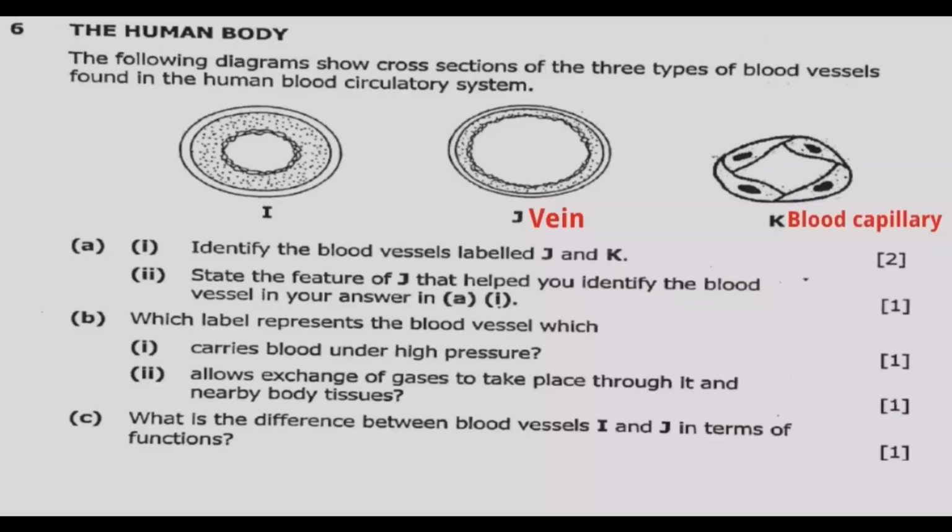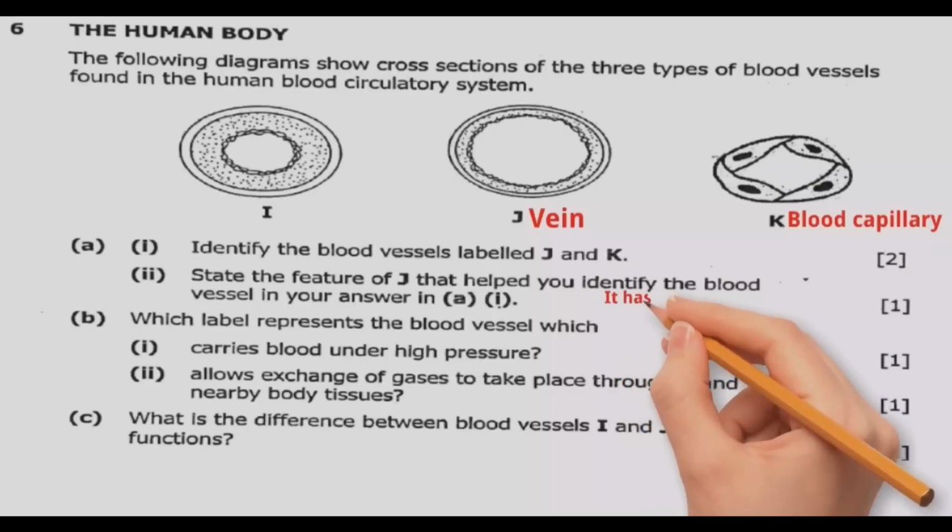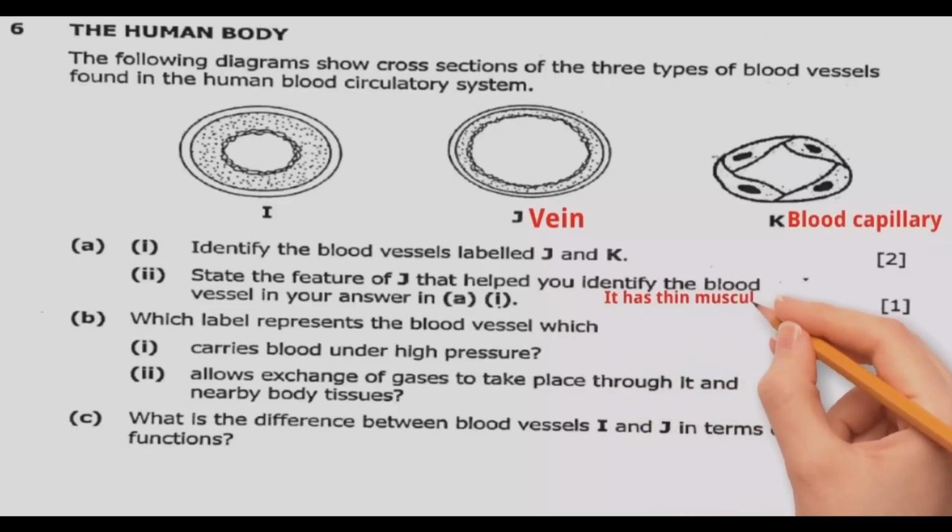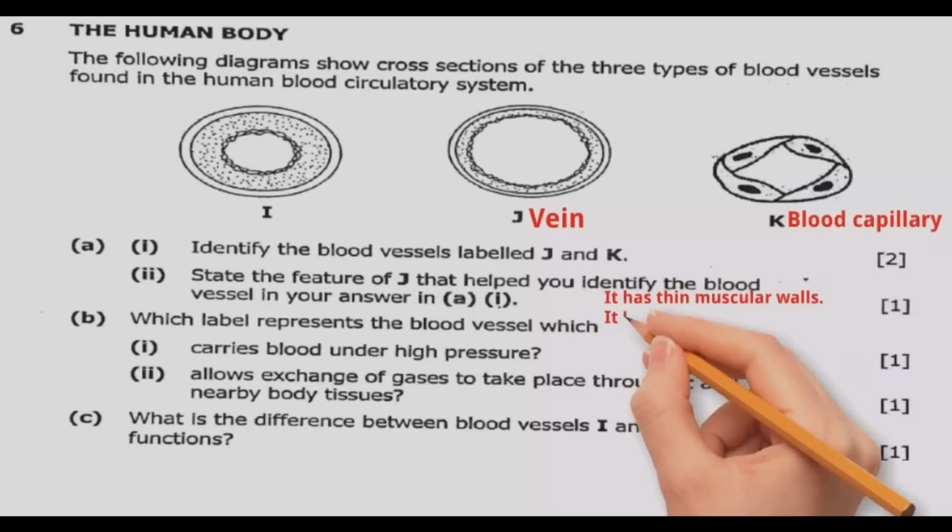Okay, we go to question 6A2, which is state the feature of J that helped you to identify the blood vessel in your answer in A1. Okay, so the reason I identified that one as a vein is because it has thin muscular walls, or it has big hollow or lumen.